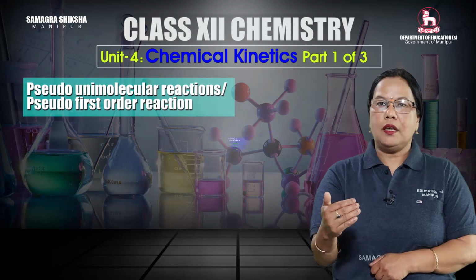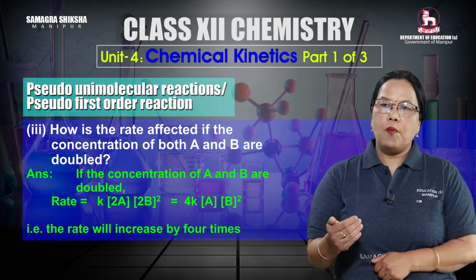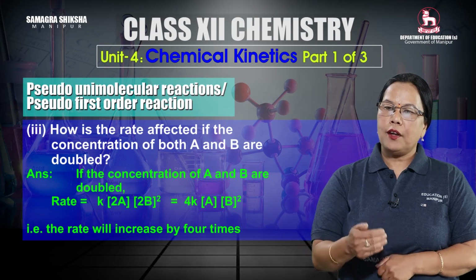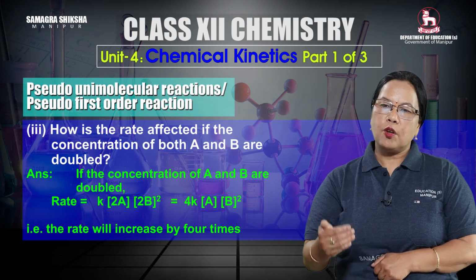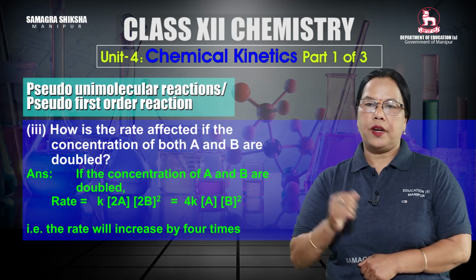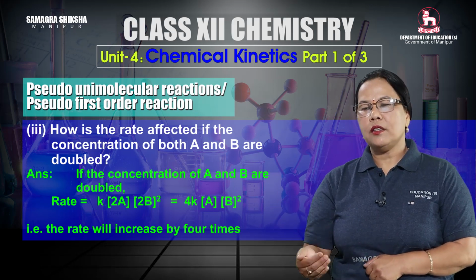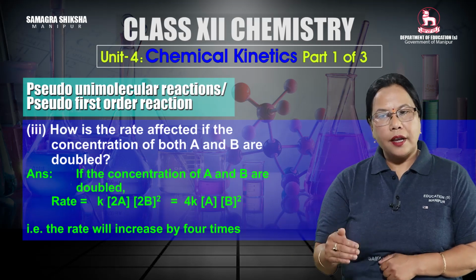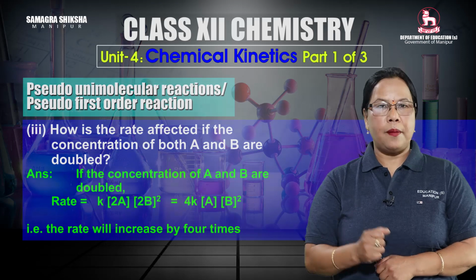Next, if the concentration of both A and B are doubled, rate equals K concentration of 2 times A into concentration of 2 times B square. This equals 4K A B square. That is, the rate will increase by 4 times.